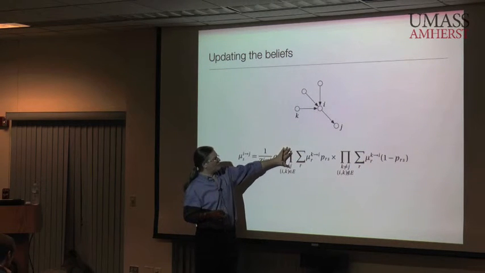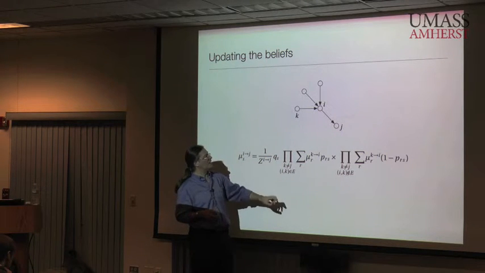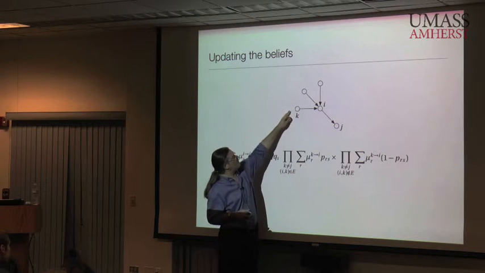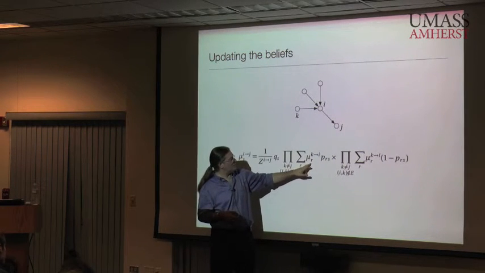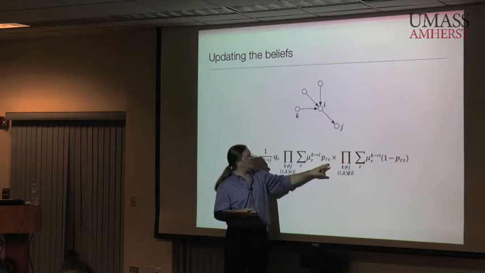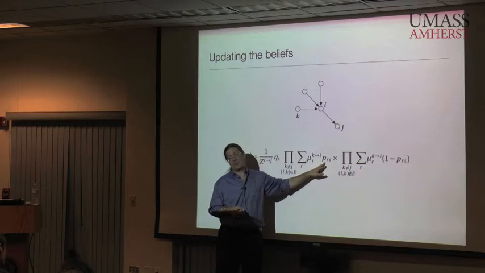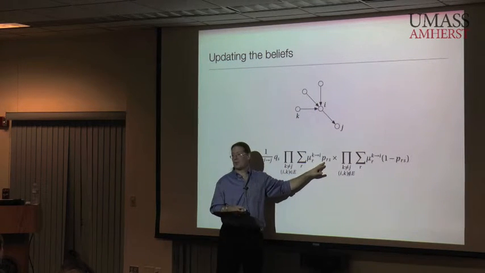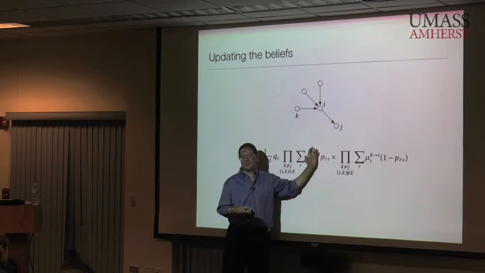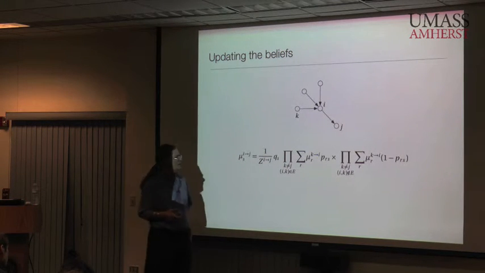I take the product over all my neighbors, other than you, the one I'm talking to, and then I look at the messages they're sending me. If one of my neighbors says that she is in group R, then I will put a weight here, because we are neighbors, equal to the probability that there's an edge between us, or that there would be if indeed she was in group R and I was in group S. This is just Bayes' rule. It's really just Bayes' rule. We're just using the information that there is a link between us.